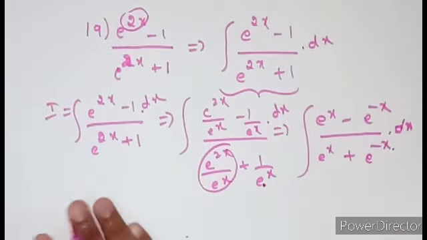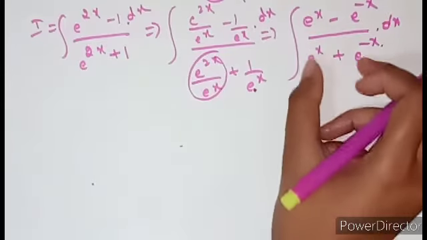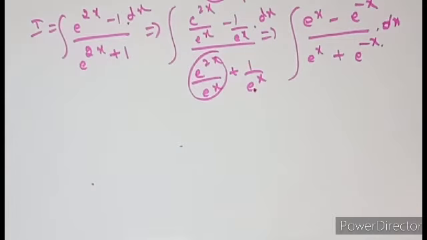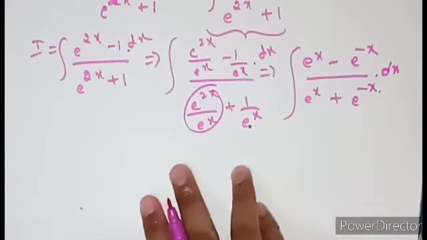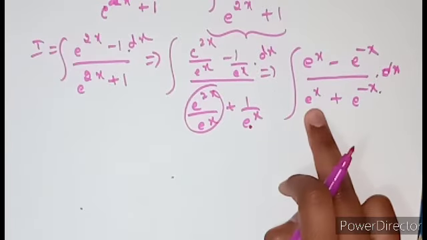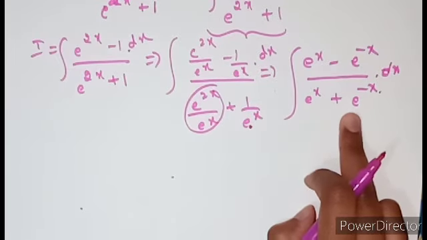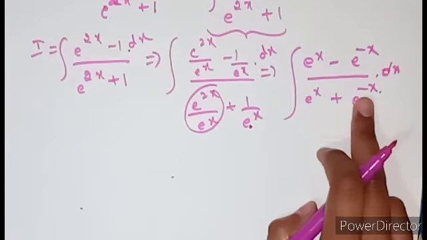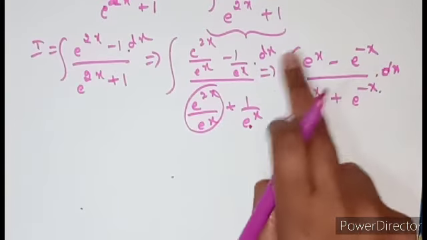Now observe these functions. If I take e power x plus e power minus x as t, the derivative of e power x is e power x itself. Now the derivative of e power minus x is minus e power minus x. You will get this.